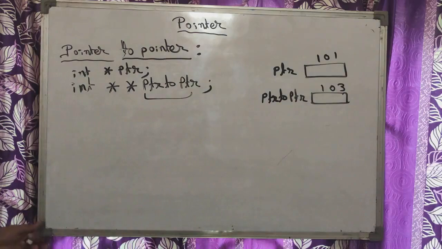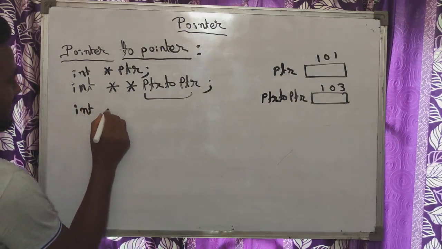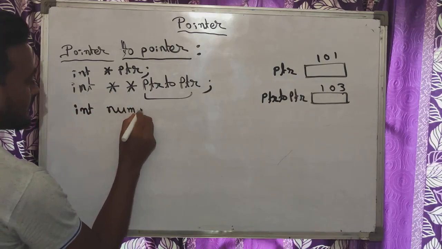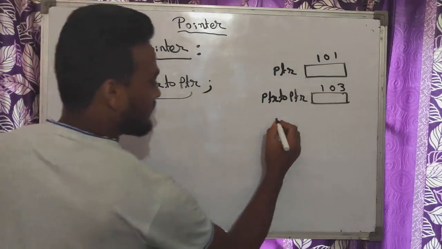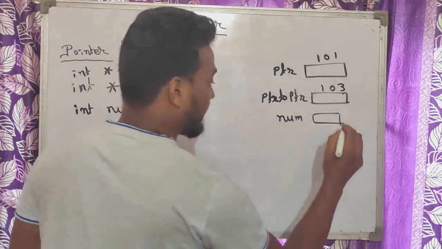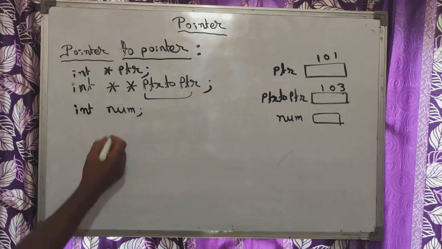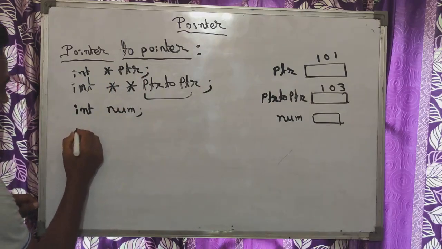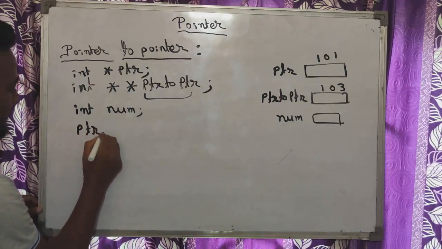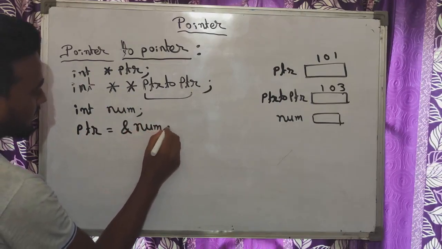Okay. So now let me declare one normal variable, integer number. So one variable will be there, number. Done. Now let me assign a value to the pointer. Say ptr is equal to ampersand number.